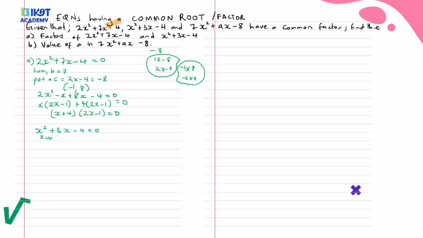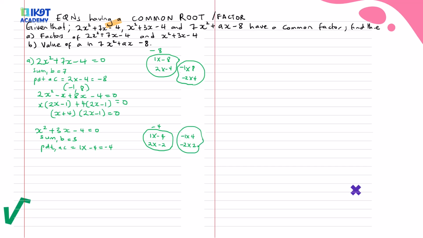Now we also take x squared plus 3x minus 4 and equate it to 0. The sum B should be 3, and the product AC is 1 times negative 4, which is negative 4. Now we say, for negative 4, what are the factors? 1 times negative 4 and 2 times negative 2. We also have negative 1 times 4 and negative 2 times 2, which is the same thing.